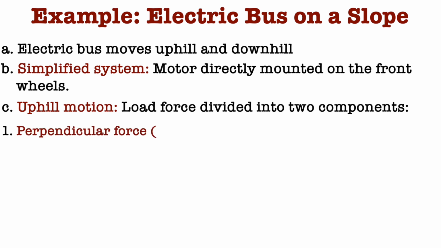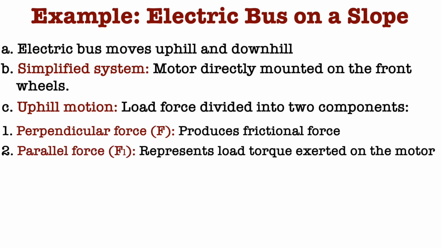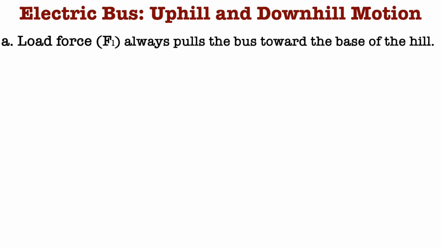One is perpendicular to the road, F, producing the frictional force, and the other, FL, is parallel to the road and represents the load torque exerted on the motor. The direction of FL depends on the orientation of the road with respect to the gravitational force. FL always pulls the bus towards the base of the hill.